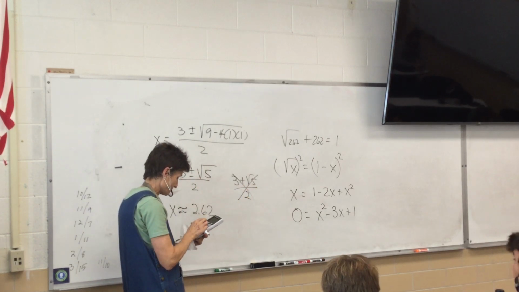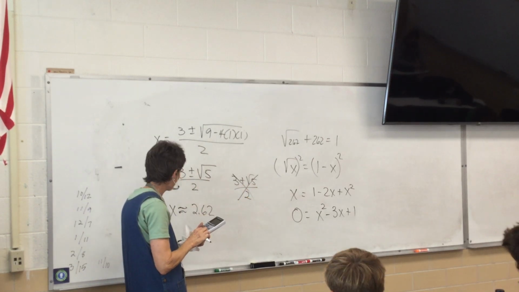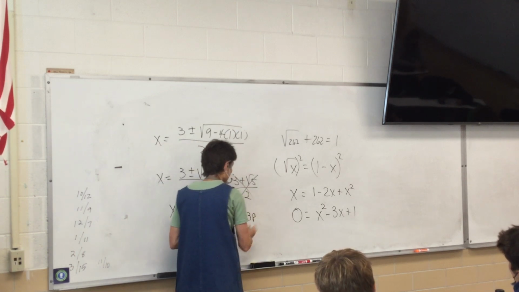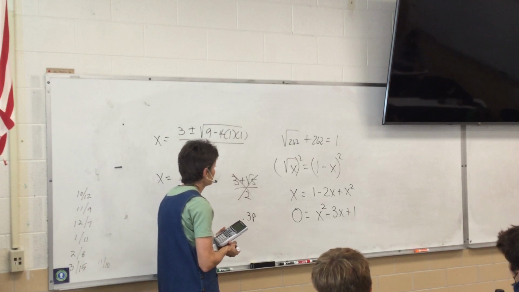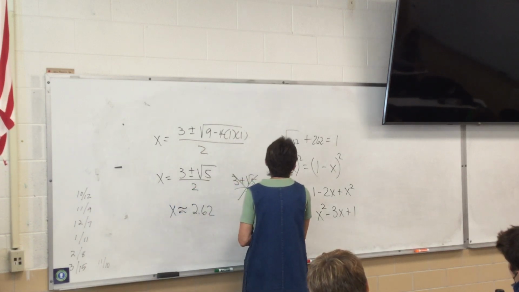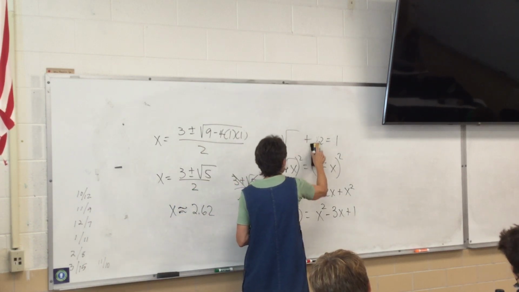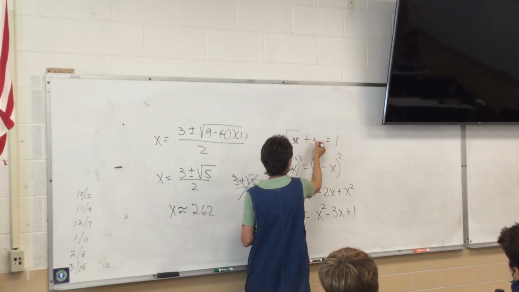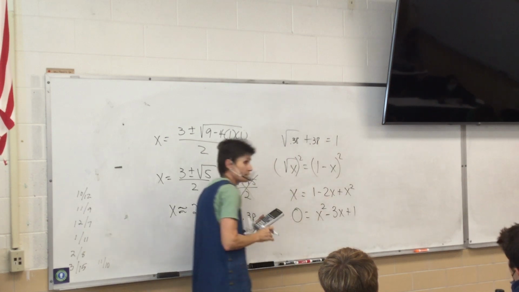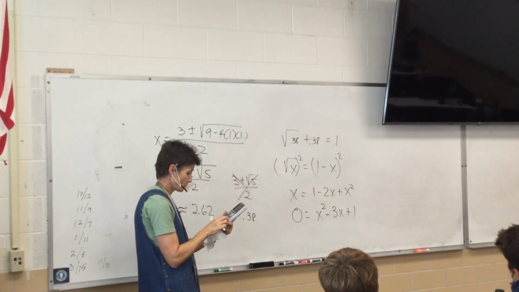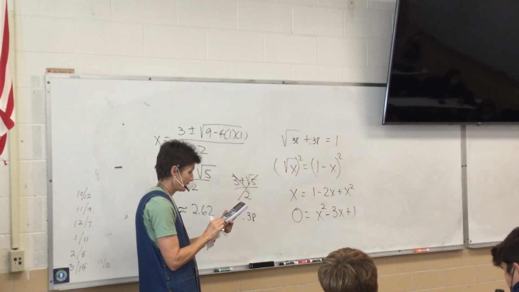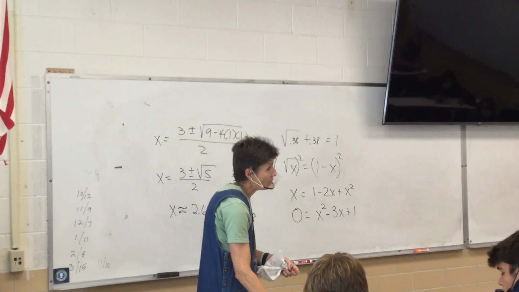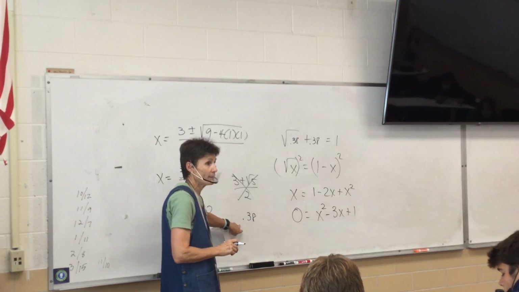All right, let's try the other one. 3 minus the square root of 5, divided by 2. That one is 0.38. So if I put 0.38 in here, that one looks like it's possible. So I'll square root that number and add it to 0.38. It won't be exactly 1 because I rounded it off, right?